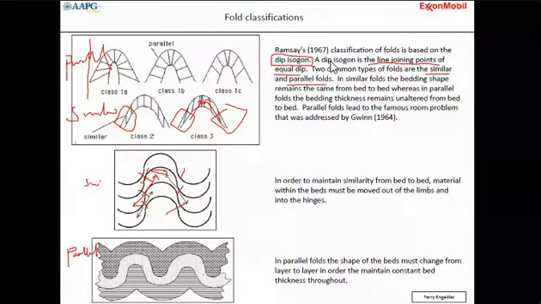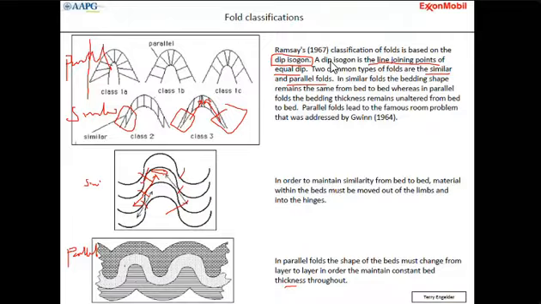Because you are maintaining the same thickness, what that simply means is that the shape of the fold is going to change from layer to layer to maintain the same thickness throughout the fold. That is why here you can see that because you want to maintain the same thickness, the shape of the bed will change from bed to bed.